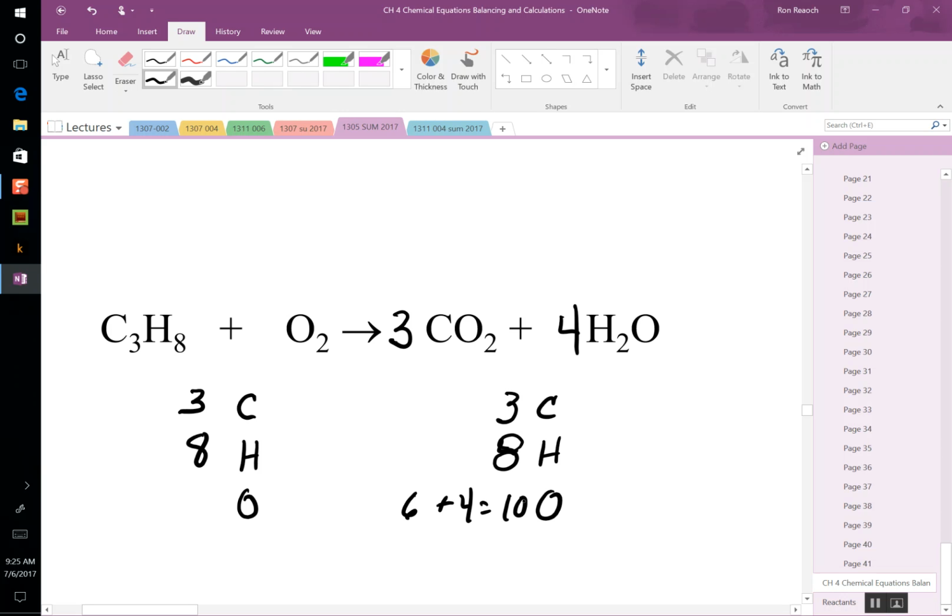That's 10 oxygens. A 5 right there will give me 10 oxygens. Okay? So C, H, O. Do the carbon, the hydrogen, and then the oxygen. Do the oxygen last.